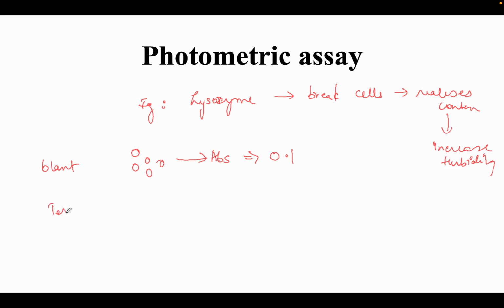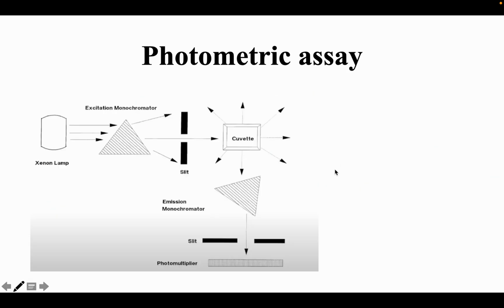Then in the test we add our cells plus lysozyme and measure the absorbance, and the absorbance will increase. There will be a relative increase in the absorbance. So this is also a type of photometric assay where we are measuring the scattering of light. Now let's move on to the radiometric assay.